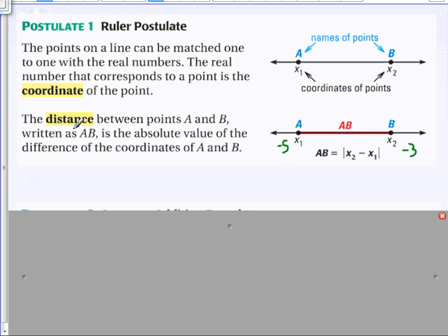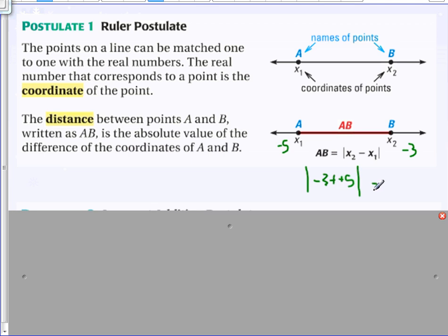And in order to find the distance between the points, we can plug it into an absolute value problem. So we can say negative 3 minus negative 5, absolute value of that. So we could leave, change, opposite.